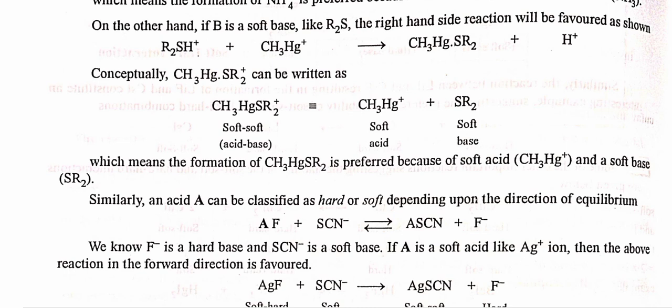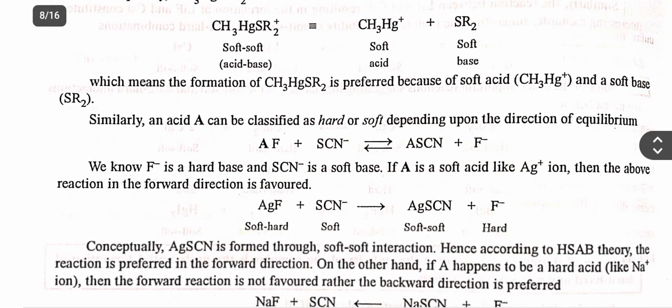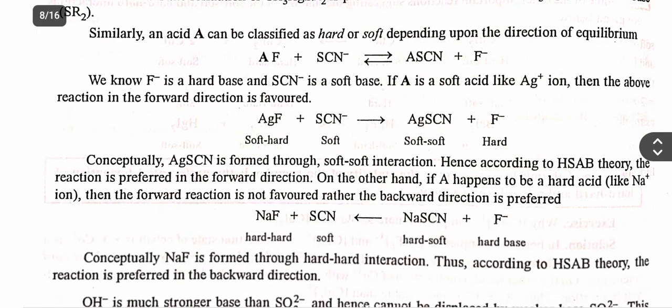Similarly, an acid A can be classified as hard or soft depending upon the direction of equilibrium. We know F- is a hard base and SCN- is a soft base. If A is a soft acid like Ag+ ion, then the above reaction in the forward direction is favored. Conceptually, AgSCN is formed through soft-soft interaction.